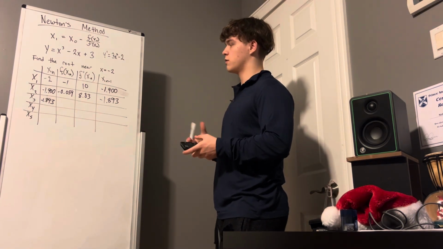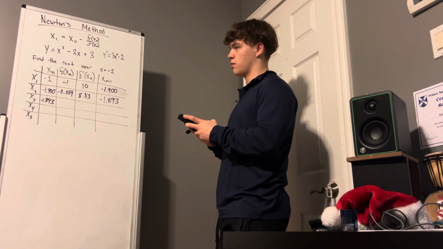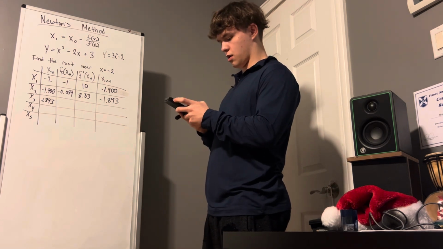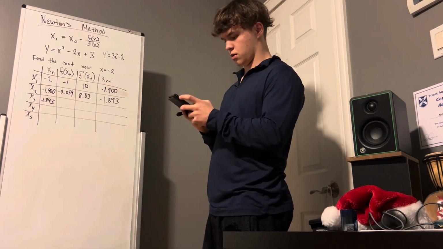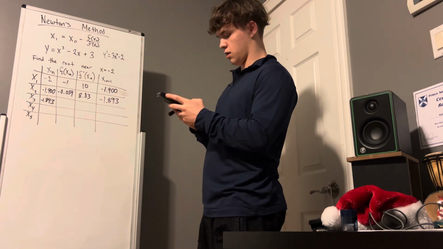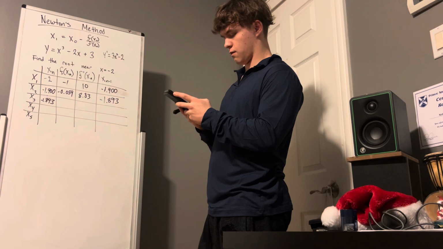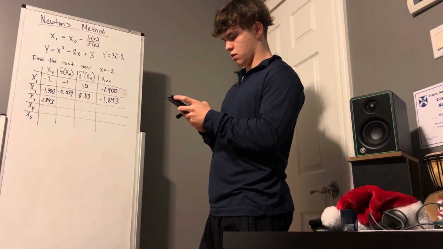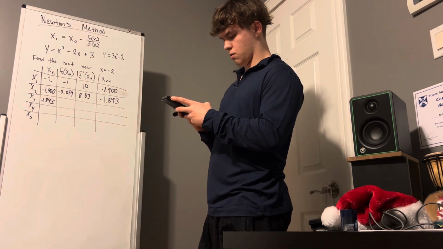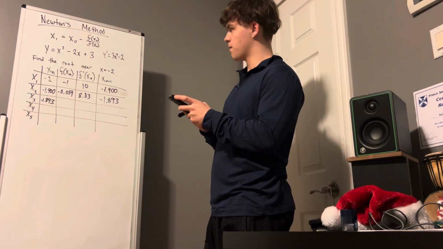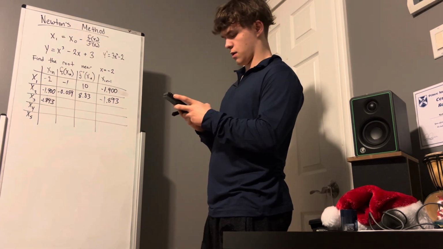So our original function at -1.893: we're going to cube -1.893, then minus 2 times -1.893, and add 3 to that.